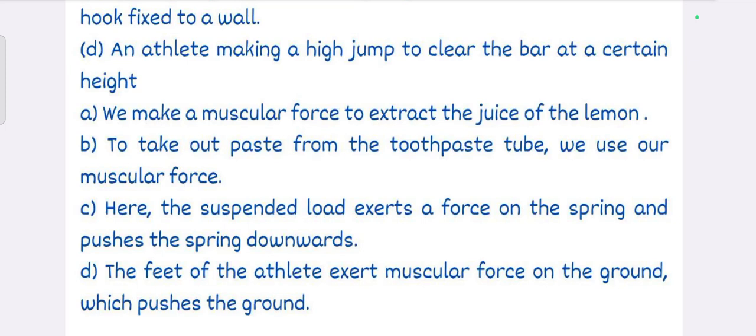The feet of the athlete exert muscular force on the ground, which pushes the ground.